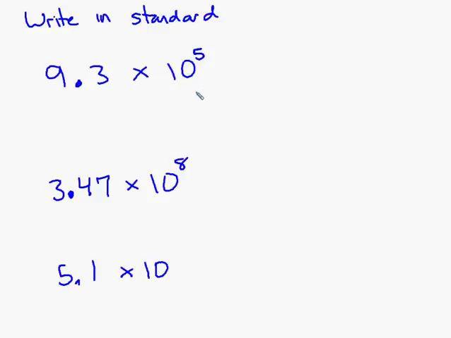All right, so here's how I would do this. Just watch how I do it. I know I'm going to need to move my decimal point. So this is a positive exponent, so I expect the number should get big, right? It should get bigger. So I'm going to move my decimal point so it gets bigger because that's a positive. So watch how I do this.